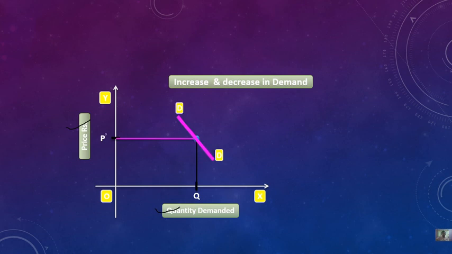P is the original price, Q is the quantity demanded, and DD is the original demand curve.